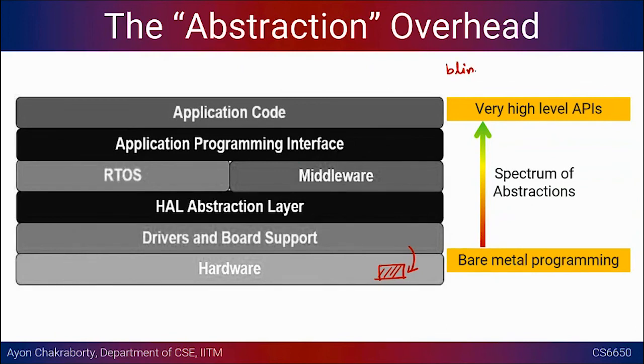So I can write a library that will have something called blink LED, and you can mention the pin number, and let's say you mention the duty cycle, let's say 500 milliseconds. So you can give an LED library that has this high level API, right? So it is adding one more level of abstraction, and you'll see the code basically becomes more and more inefficient, and it takes up more space and so on, right?